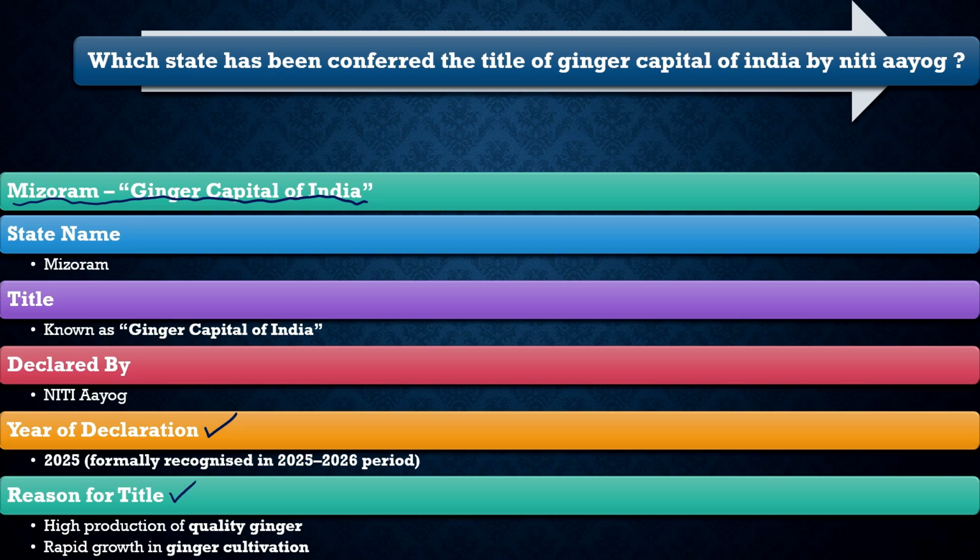Reason for title: high production of quality ginger and rapid growth in ginger cultivation. Okay, hope that you can move forward.